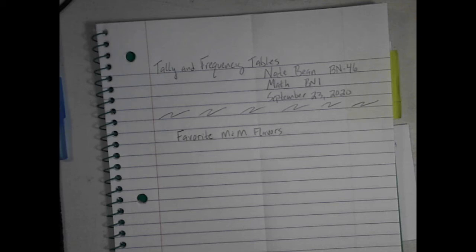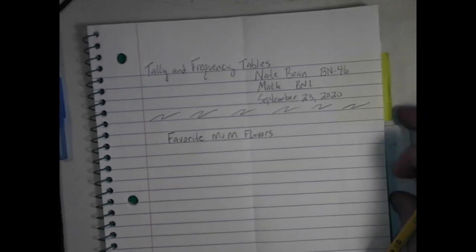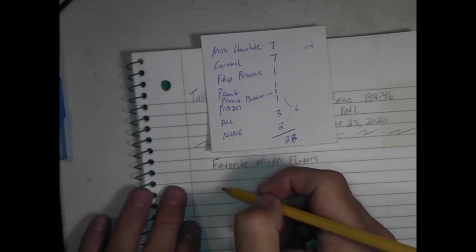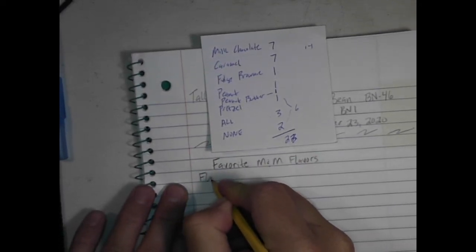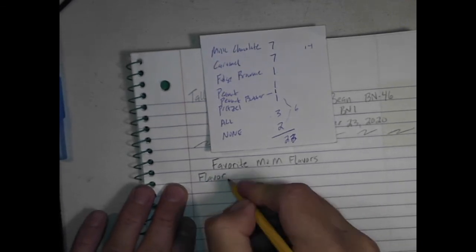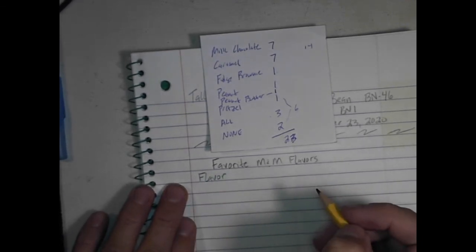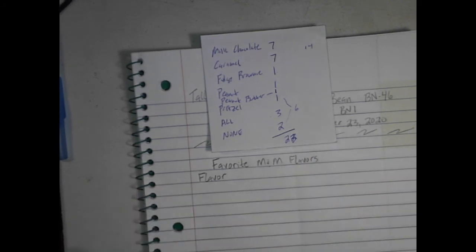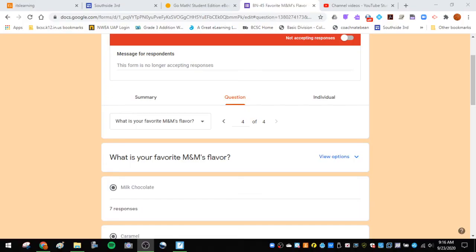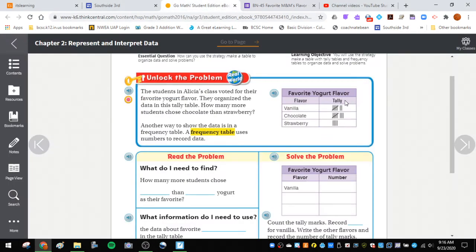Great. Then I had this really great little post-it note right here that had some information on there. So I would go ahead and put flavor. And then put what goes up there at the top. Is the tally.